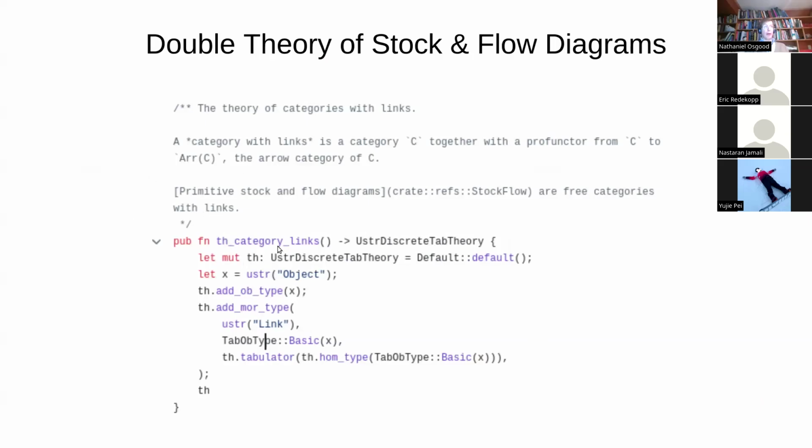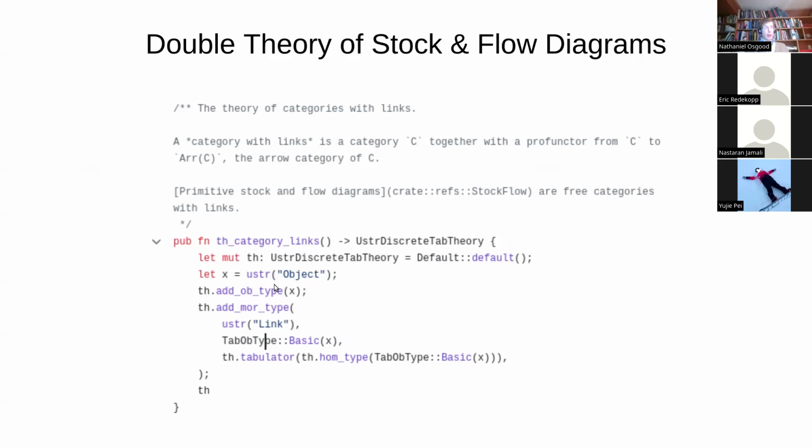So I show here from CatCoLab the code implementing the theory that underlies stock and flow diagrams, or rather system structure diagrams, within CatCoLab. It's called theory category links.